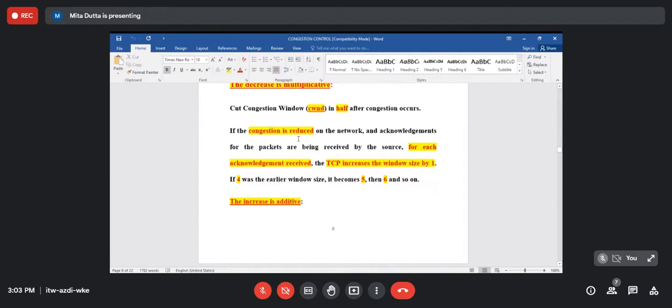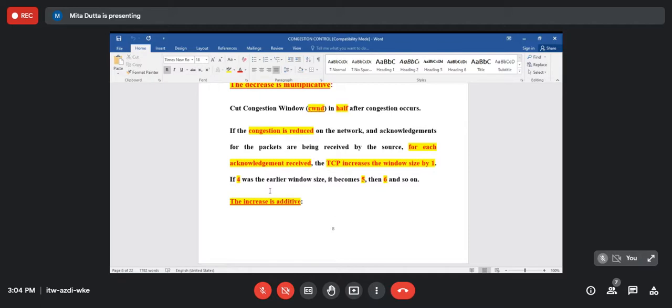And when the congestion is reduced, then for each acknowledgement received, because TCP takes care of both congestion control and flow control, when the sending end receives an acknowledgement from the receiver, it means there is no congestion in the network, and also this acknowledgement tells us that the data packet has been sent correctly. So error control is also taken care of.